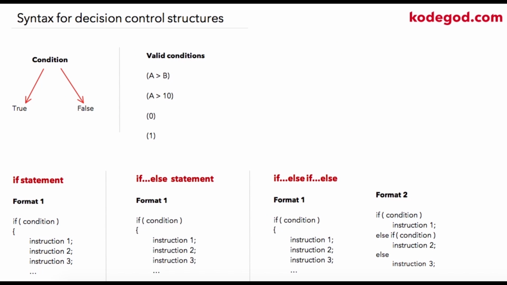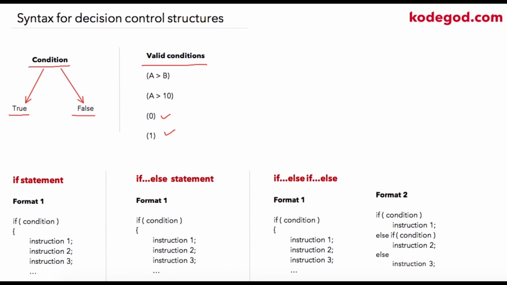In this lecture, we are going to check syntax for decision control structure. As we have seen, all decision control structures will have a condition associated with it. So every condition will hold a result which can be evaluated to either true or false. So these are few valid conditions: a greater than b, a greater than 10, 0 and 1. Now how are these valid conditions?